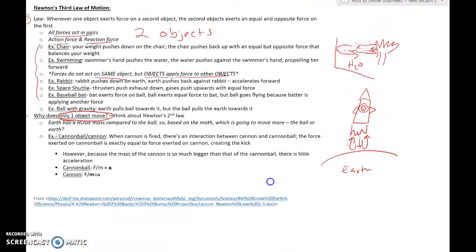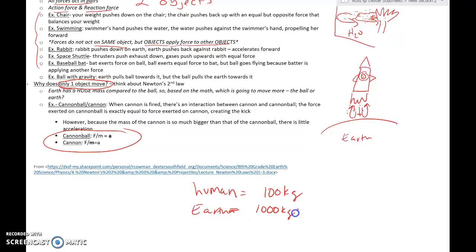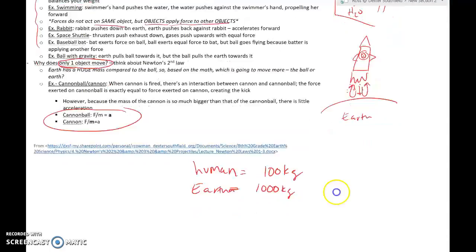So let's do some math here. We're basing it off of this. A cannon and cannonball example is the same thing as the Earth and human example. So if the human, we're going to make this very easy, weighs 100 kilograms, and the Earth, let's say, weighs 1,000 kilograms, we know that's not true.